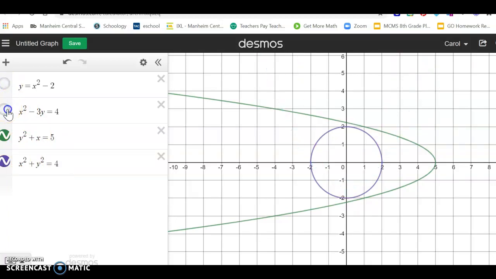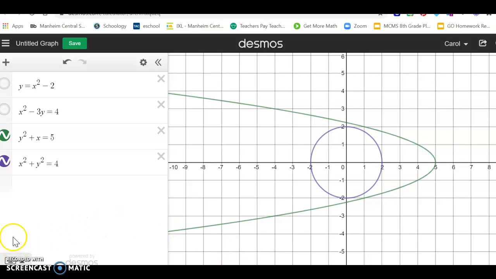Let me take those off. What did these two have in common? If you said y squared, then you've nailed it. This one has a y squared and this equation has a y squared. That's the only thing that the two equations have in common, and that is the thing that makes our equation give us a graph that would not be a function.